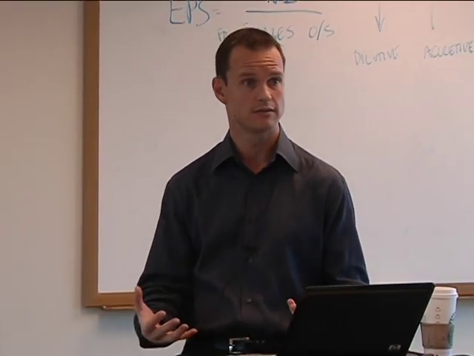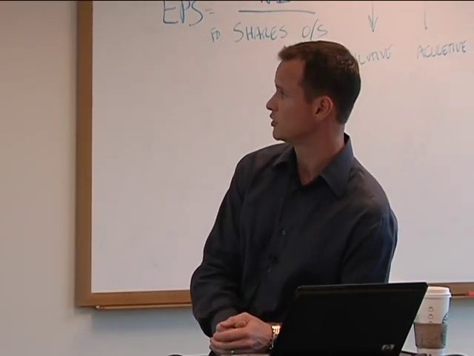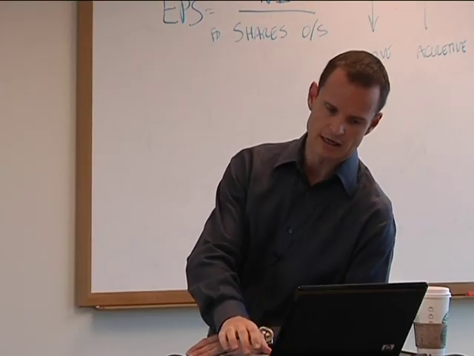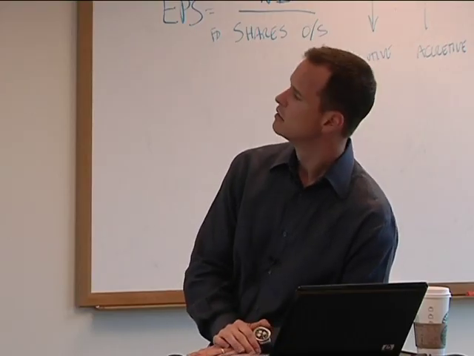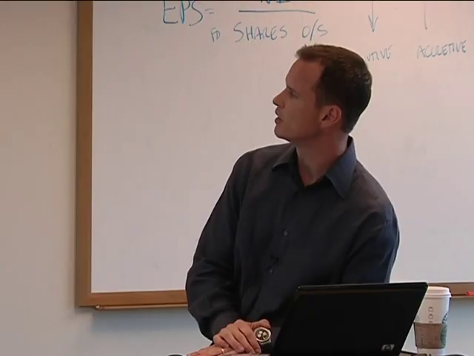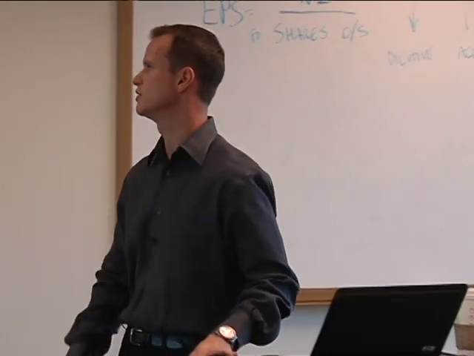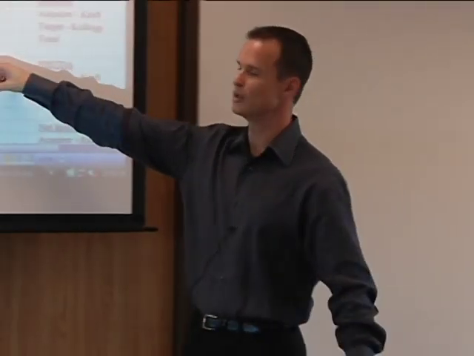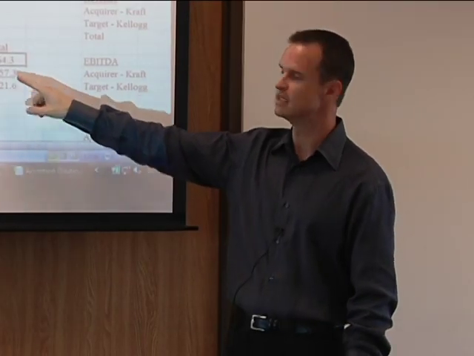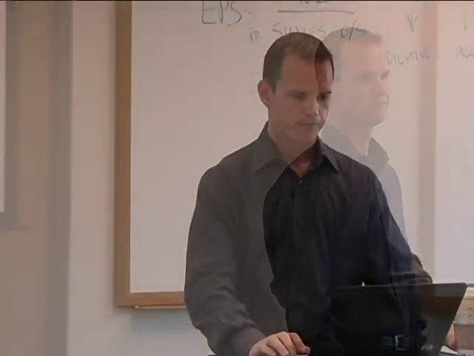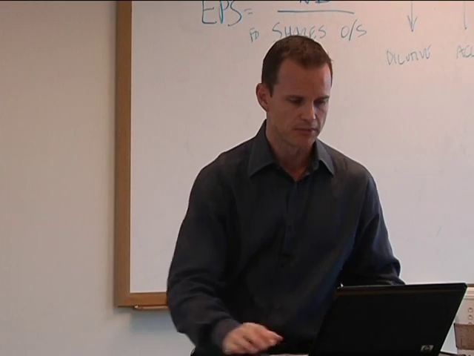That's the offer price. We're just splitting it among cash and shares. And then we also look at it on an aggregate basis. So that 18.3 billion market value of equity breaks down to being 3.7 billion of cash, 14.7 billion of stock. Makes sense.